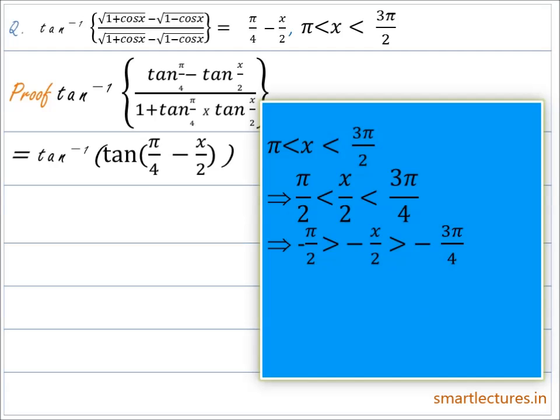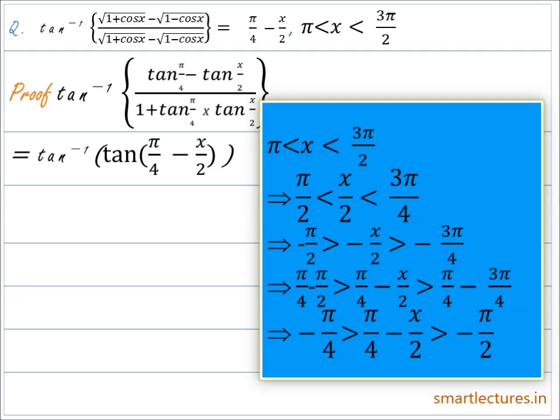Now if we add pi upon 4 to each side of this inequality, then it becomes pi upon 4 minus half pi is greater than pi upon 4 minus half x, which is greater than pi upon 4 minus 3 pi upon 4, which further simplifies to minus pi upon 4 is greater than pi upon 4 minus half x, which is greater than minus half pi.